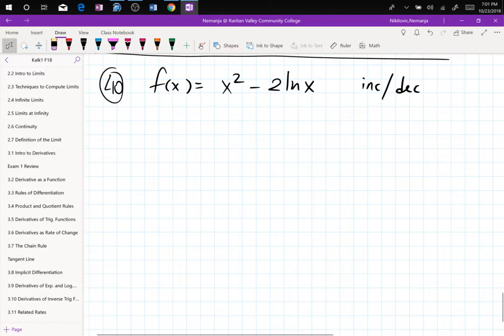Okay, let's take a look together. We take the derivative immediately. F prime of x is 2x minus 2 over x. And then we set that equal to 0.